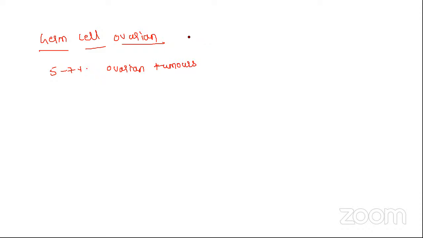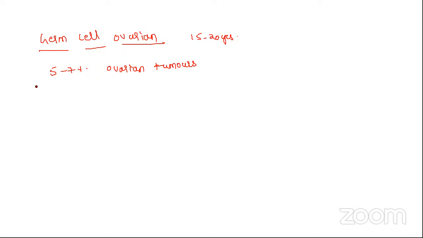Germ cell ovarian tumors account for only 5 to 7% of ovarian tumors. These germ cell ovarian tumors are usually seen in young people, so that is pre-pubertal, around 15 to 20 years, but they can be present before 15 years also.